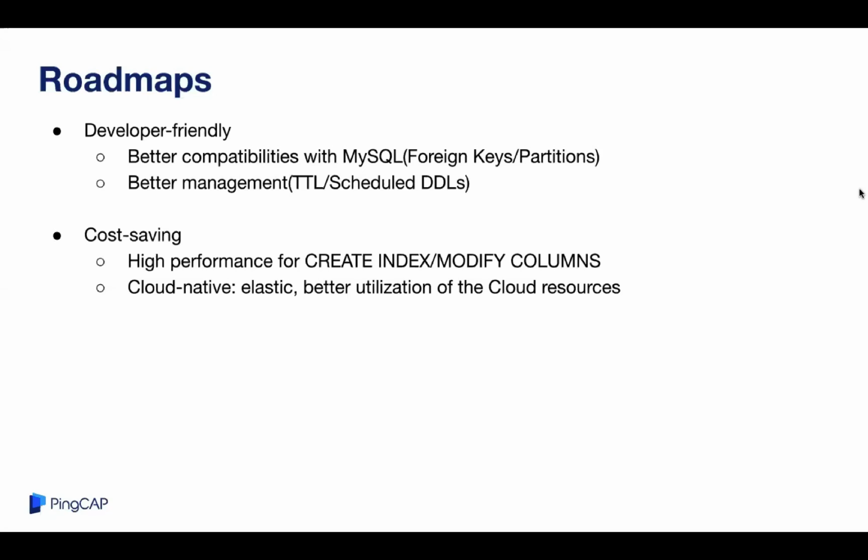For example, we can be elastic, having more resources when we're doing some heavy DDLs, or better utilize cloud resources. For example, we could think about adopting Spot instances from AWS to deal with some background jobs of DDL processing.